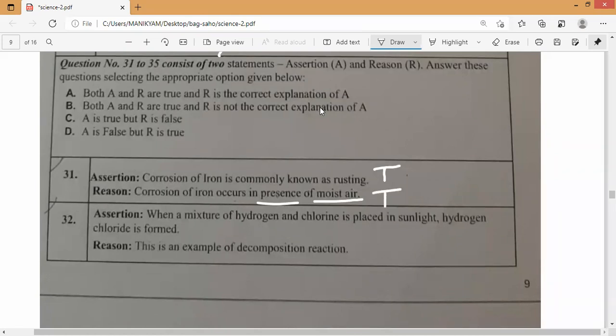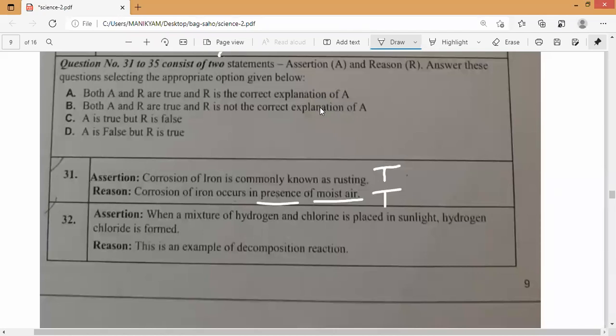Both are true, but is there any relation or not? You have to analyze. We are calling corrosion of iron rusting. Is it because it is taking place in the presence of moist air? No, it is just a common name.